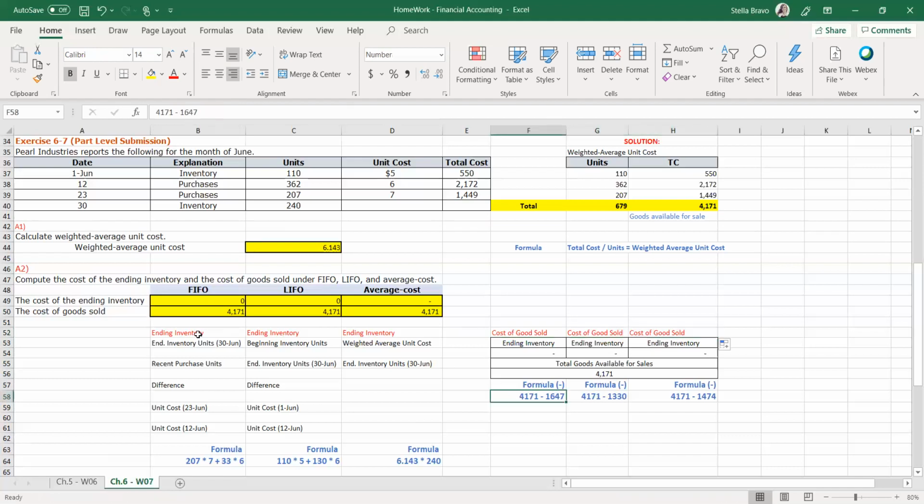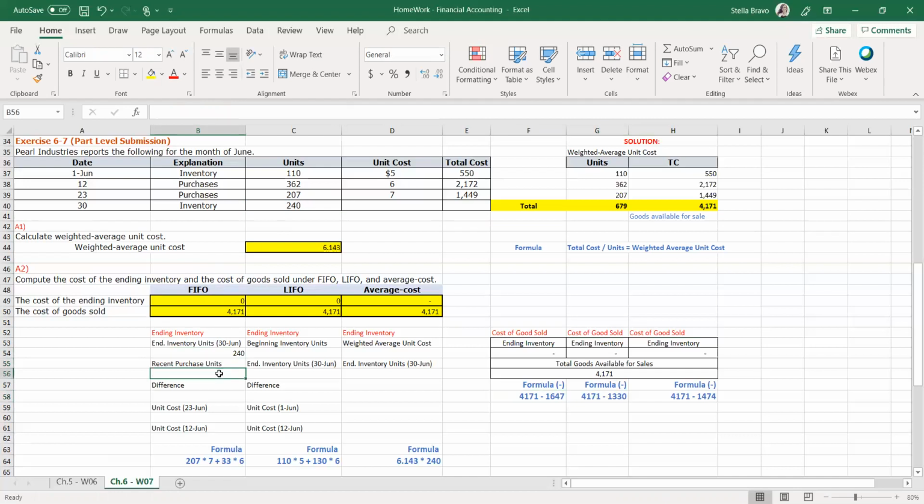So let's begin. Let's find the ending inventory of our FIFO account. We're going to need our ending inventory units, which is 240.